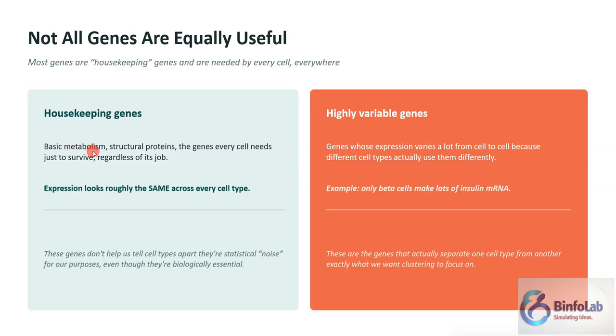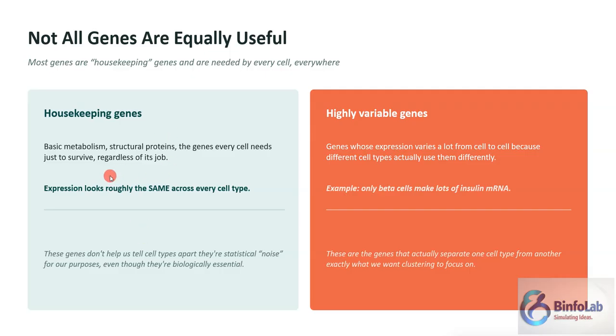I also mentioned what housekeeping genes are: genes for basic metabolism and structural proteins. Because they are everywhere, because the cell needs them to survive. So in simple terms, those genes which are required for the survival of a cell we call housekeeping genes.